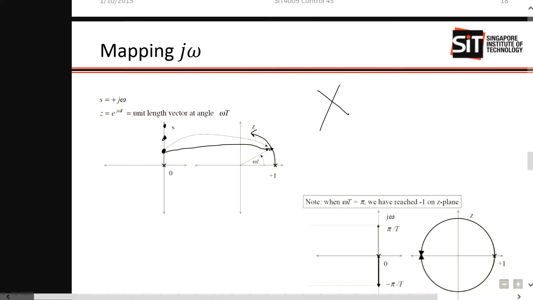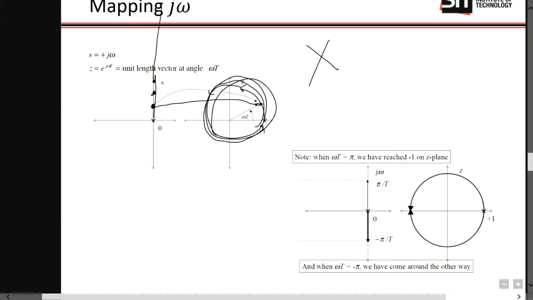As I go up, I will go in this direction, and as I all the way go up, it will go all the way 2 pi, turning around. Now, this is going anti-clockwise, going upwards in the imaginary axis.